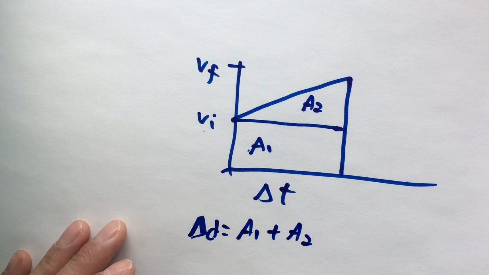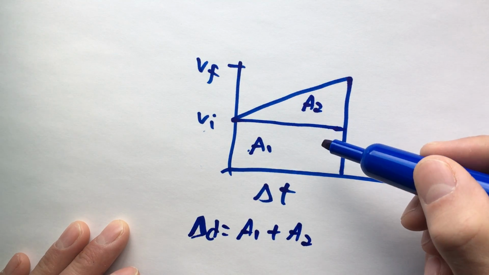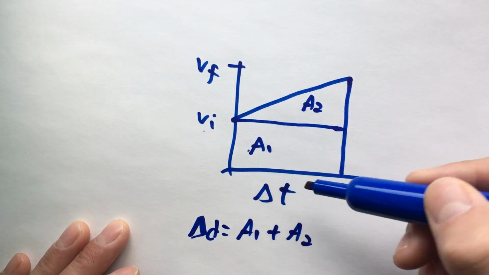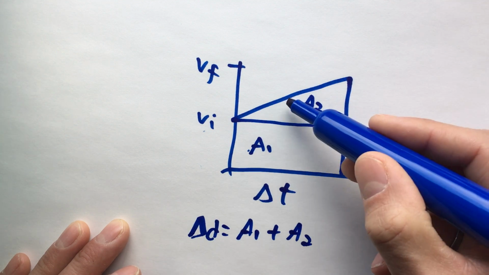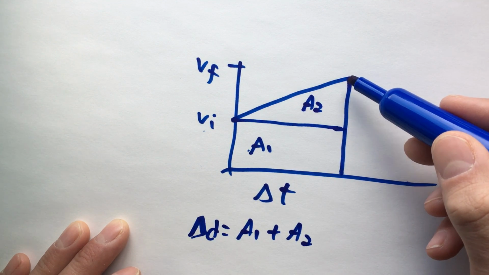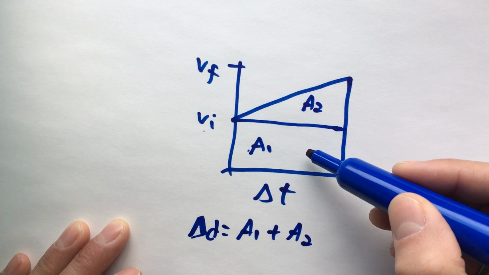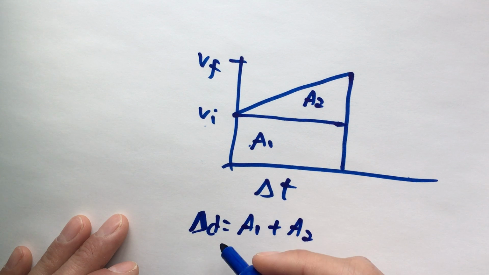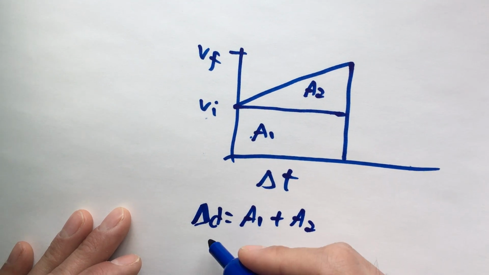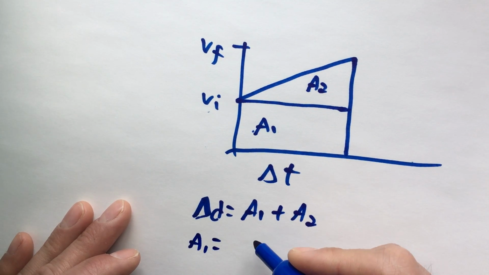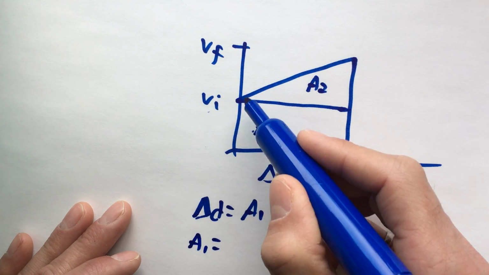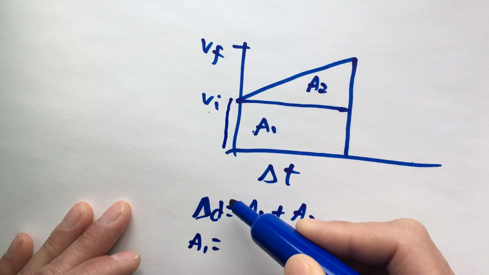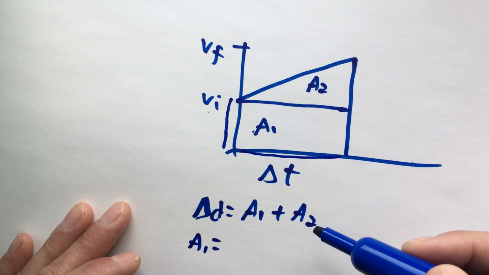So just reminding you, the displacement of an object is the area under the velocity time graph. And the area under this velocity time graph is composed of area 1, this rectangle, and area 2, this triangle. Area 1 is simply your initial velocity, because that's the height, times your time interval, delta t.